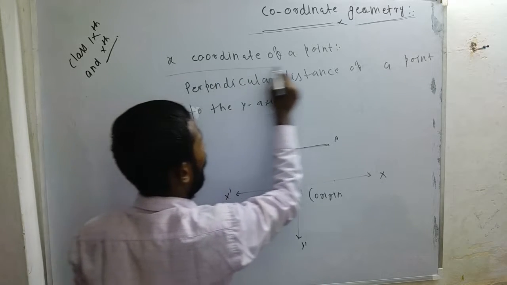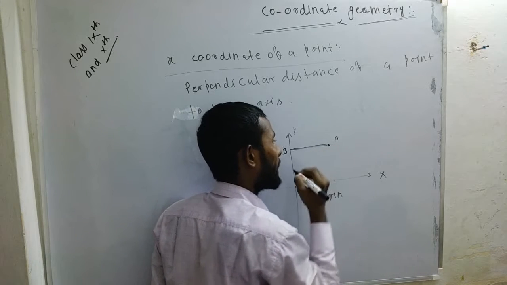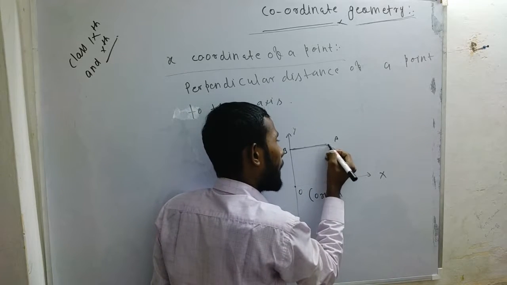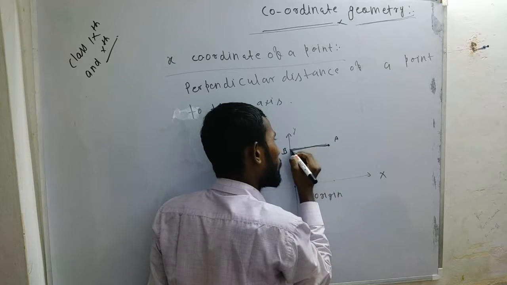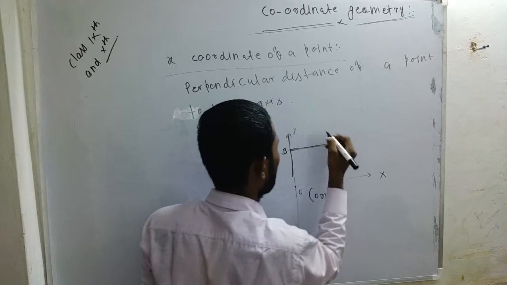If we have to determine the x coordinate of point A, then we measure the perpendicular distance from A to y-axis. That means AB represents it here.